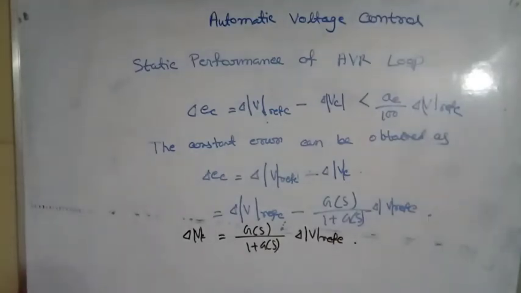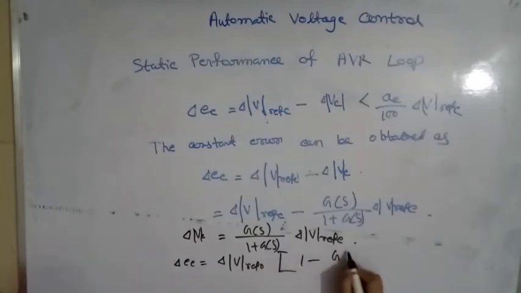Now with S tends to 0 for constant input condition, the value of delta EC is equal to delta V reference times 1 minus GS over 1 plus GS.